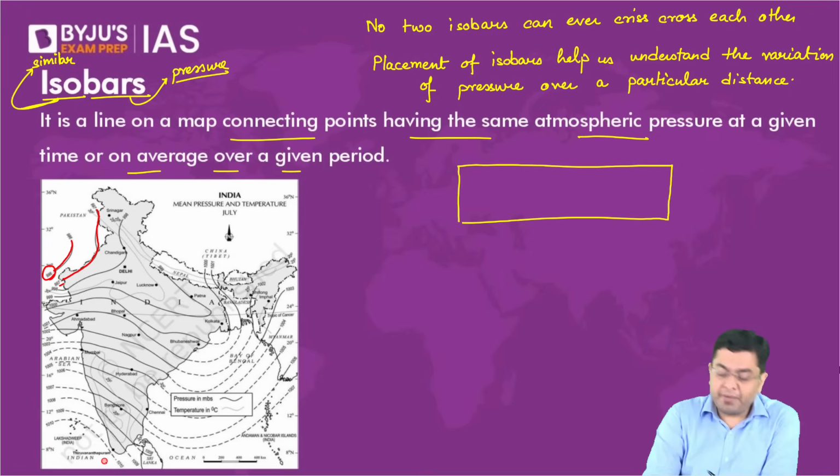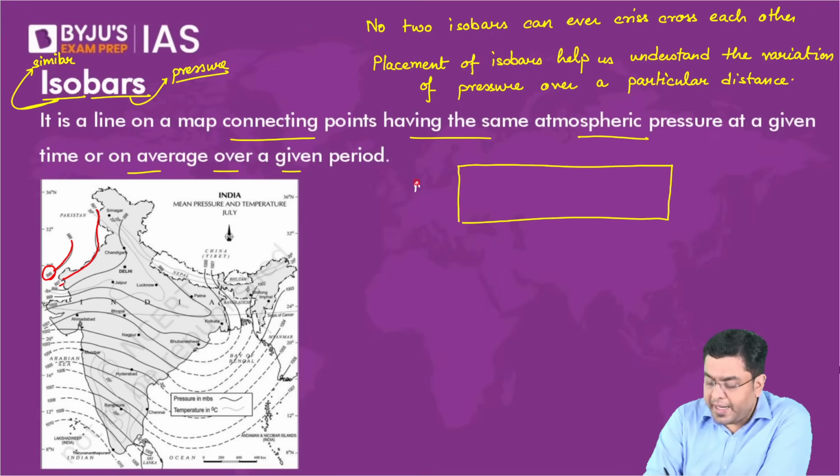Let's suppose we express this over a particular region A. In that region A, let's assume we have the placement of isobars: 1010 millibar, then 1009, 1008, 1007, 1006.